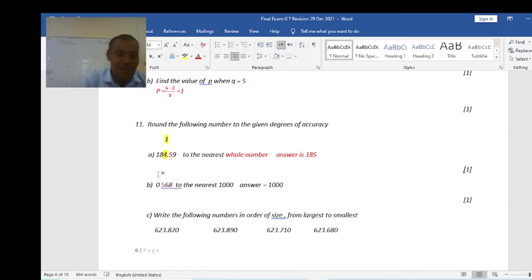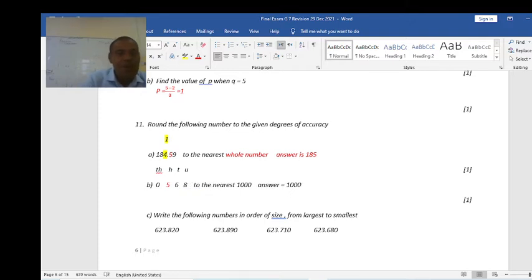Okay, I will explain this differently. This is 1000, this is 100, this is tens, this is a unit. Look, I will just separate. The digit in the column of 1000 is 0. It's not written, but it's clear that it's 0.